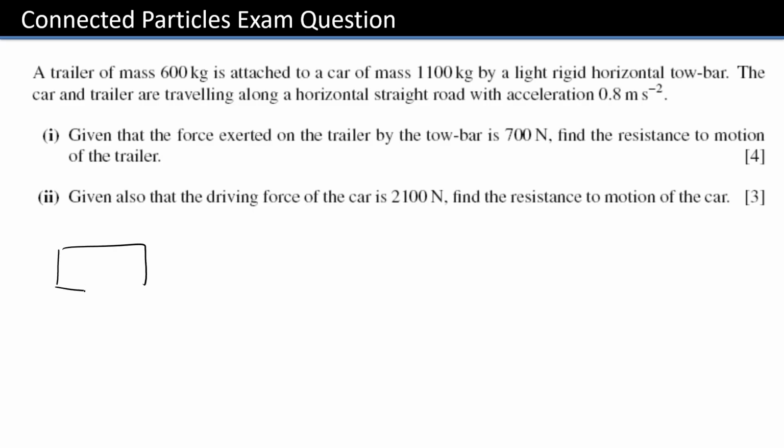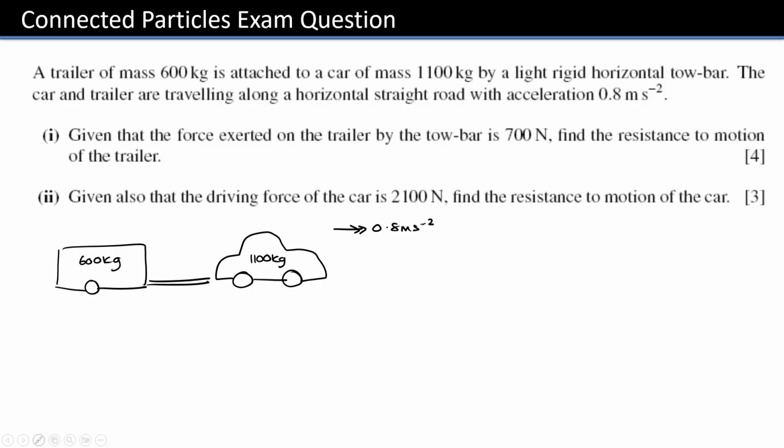So first things first, let's draw a diagram to represent this. If I draw my trailer, and I've got my tow bar, and I've got my car, let's just label what we know. So we know that the trailer has got a mass of 600 kilograms, and the mass of the car is 1100 kilograms. We've got acceleration, which is going in this direction, of 0.8 meters per second squared. It tells me that the force exerted on the trailer by the tow bar is 700 newtons.